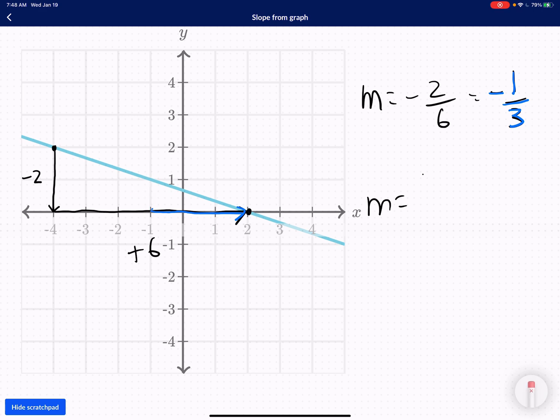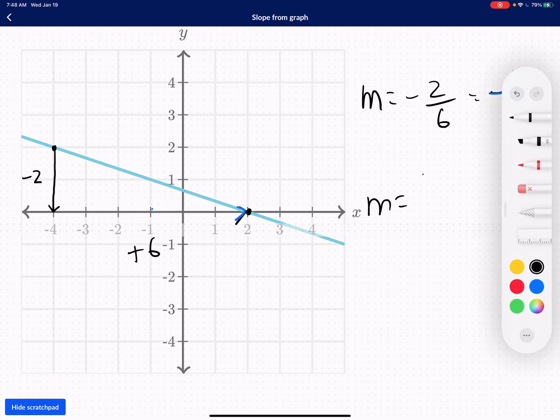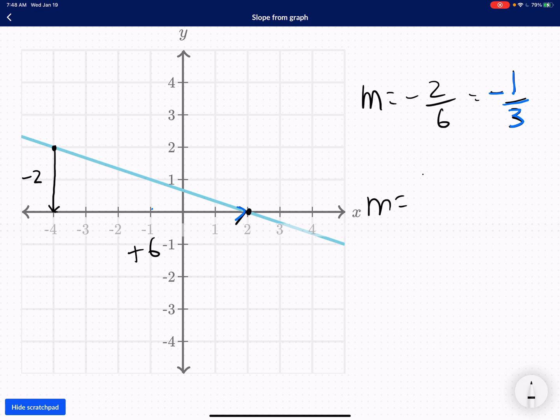I'll redraw that. 6 right there. So as you can see, it's -2 over +6. But that is in fact the same thing as +2 over -6. Let me show you why.